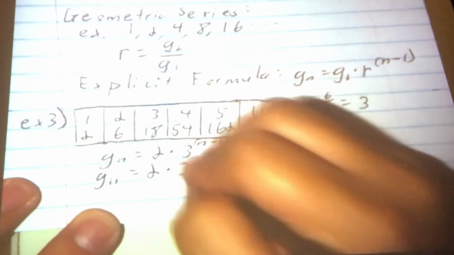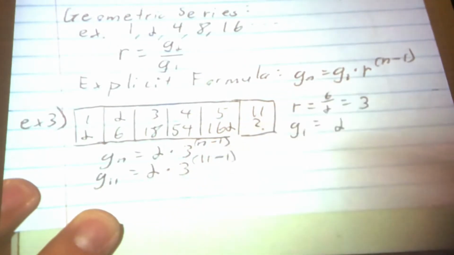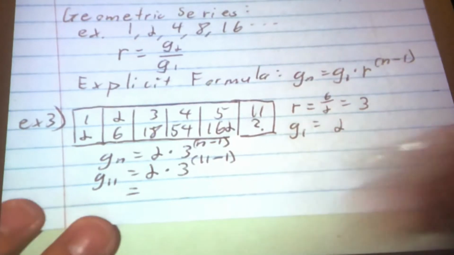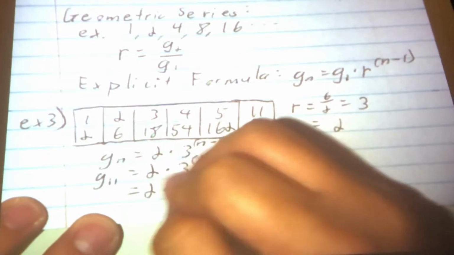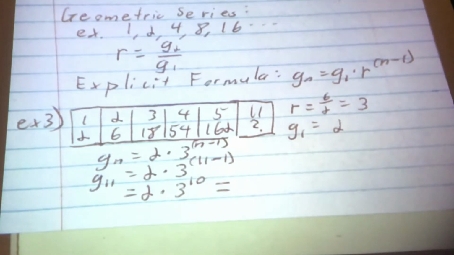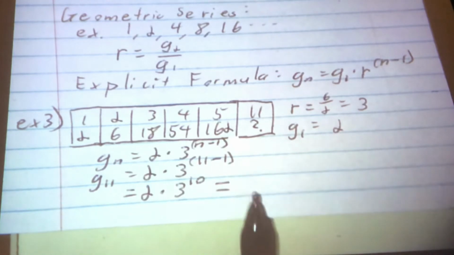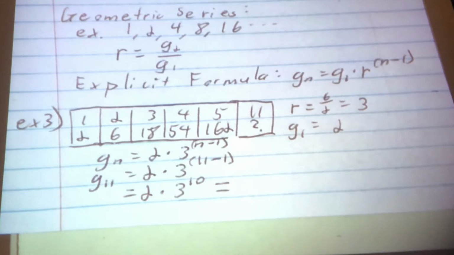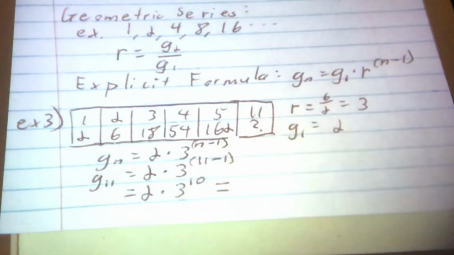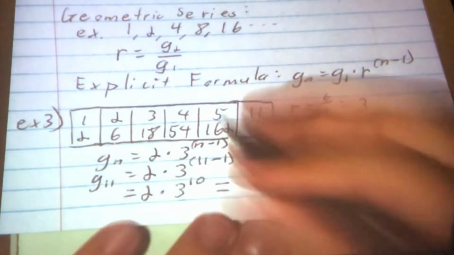So my n is equal to 11. This is equal to what? 118,000. Cool. Thank you.